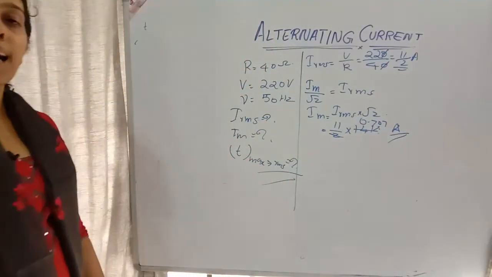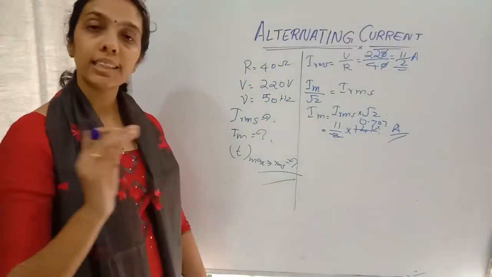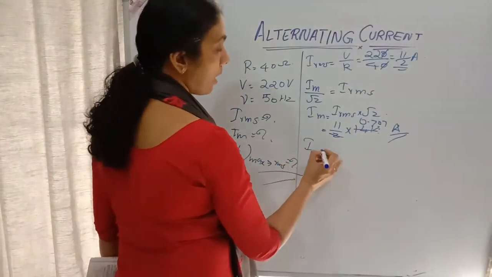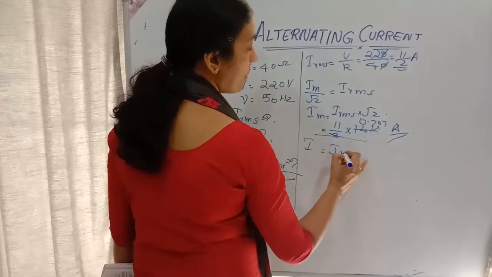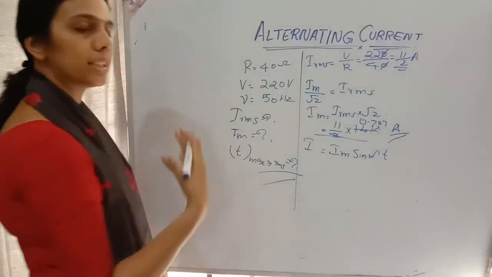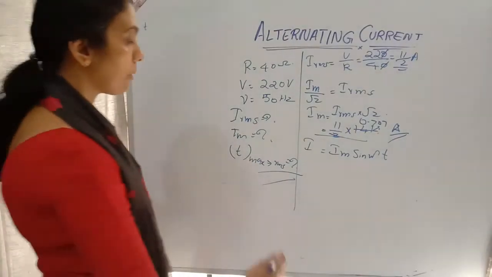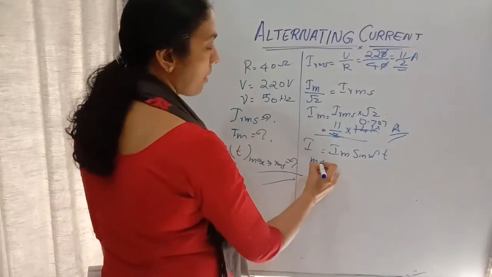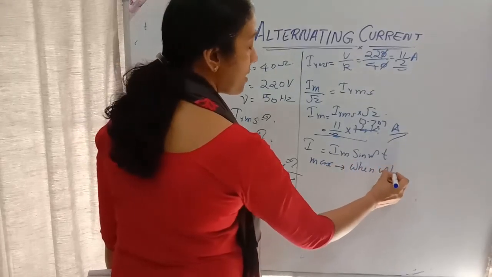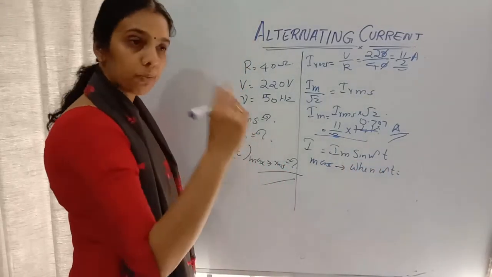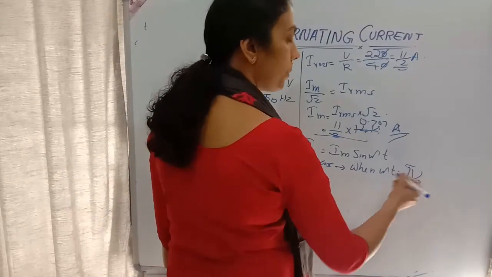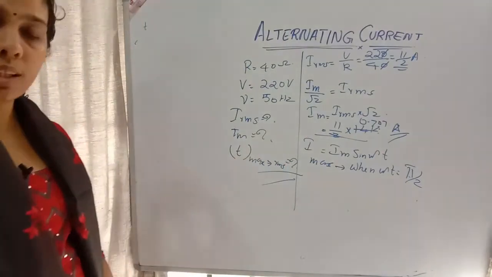Next, what is the time required for changing from maximum value to RMS value of the current? What is the formula? I is equal to Im sine omega t. When will we get the maximum value of current? When sin omega t equals 1, so omega t equals pi by 2.